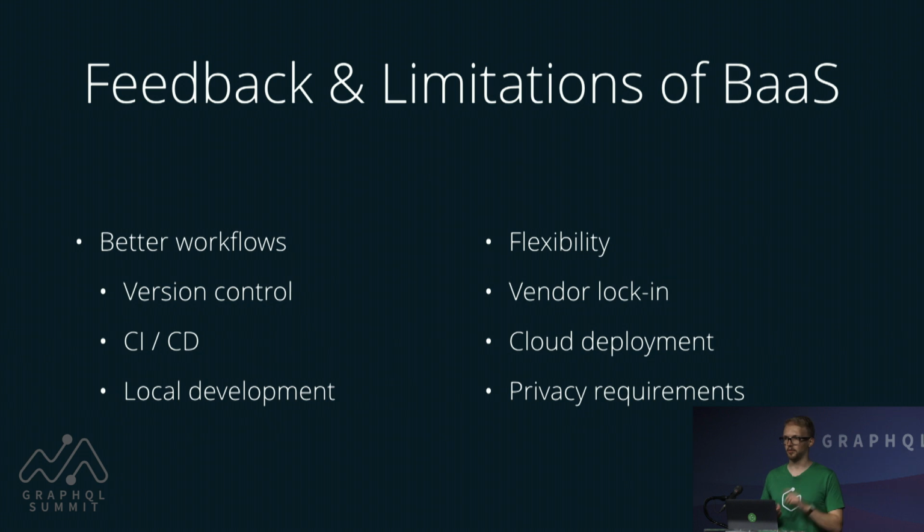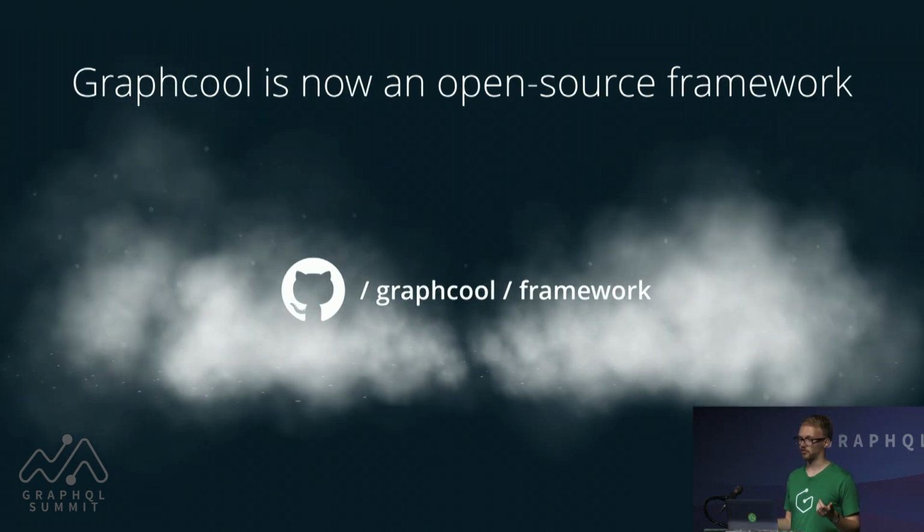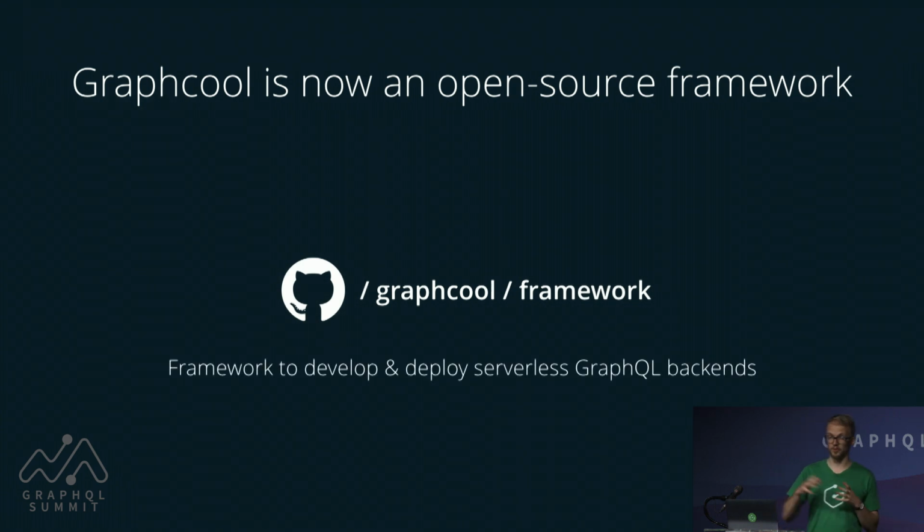For example, when Parse got acquired and shut down, that really scared a lot of people, and that's very understandable. So we tried to see how we can address all of these concerns, all of these questions, and took a really, really big step forward. So as of today, we will open source Graphcool and turn it into an open source backend development framework.